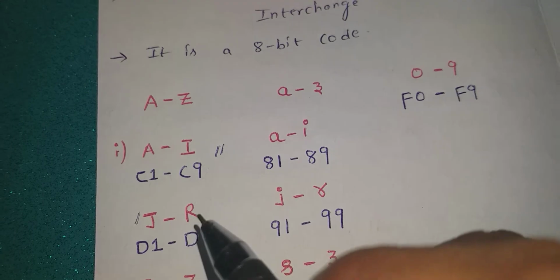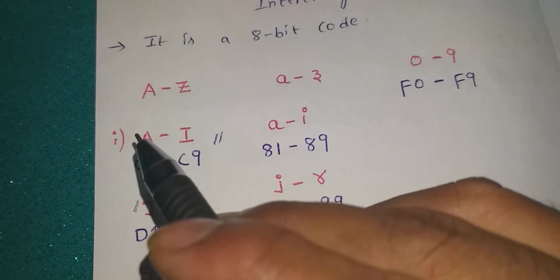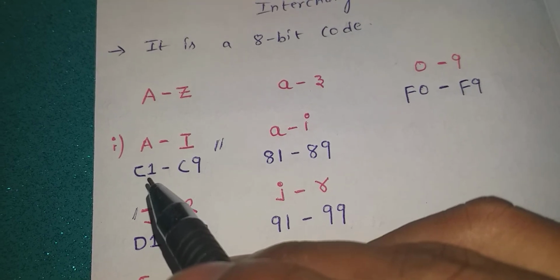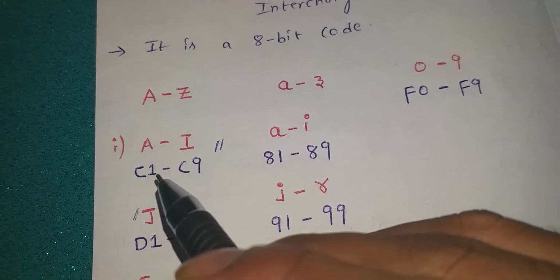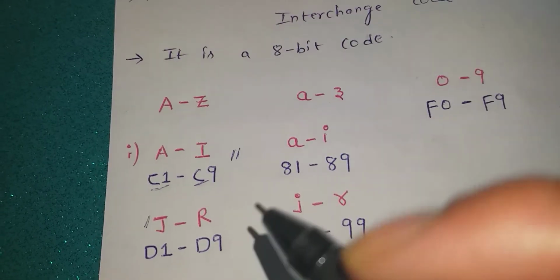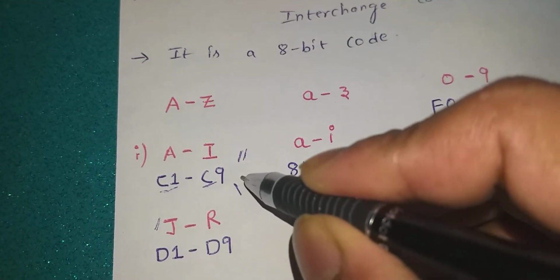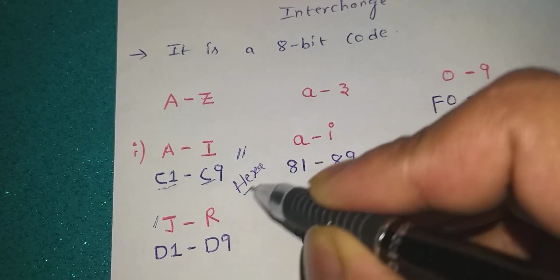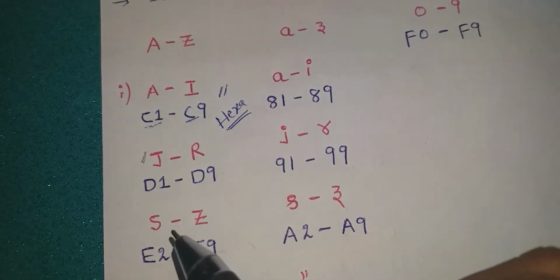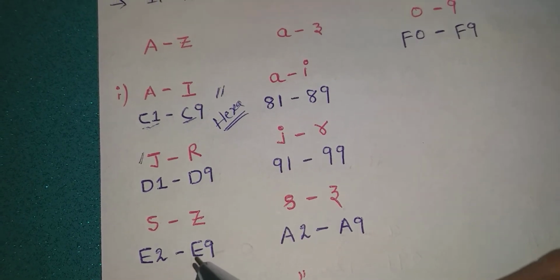Is it clear? Now if you observe, for capital letter A to capital letter I, the EBCDIC code is C1 to C9. Don't be confused, I have taken this code in hexa. Similarly for J to R, it is D1 to D9. For S to Z, it is E2 to E9.